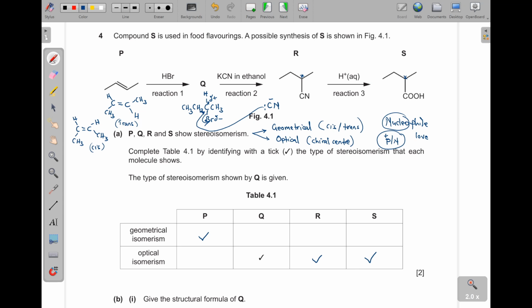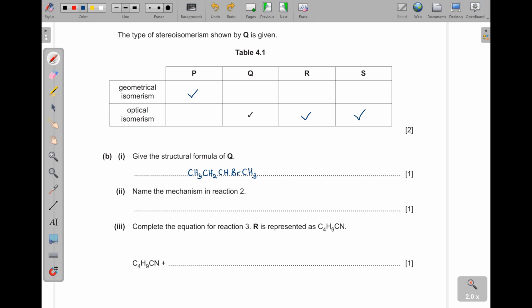That means whatever loves what is in the nucleus must either be rich in electrons, such that it shares with these protons that are positively charged, or it has to be negatively charged. You see that? So the mechanism here is going to be nucleophilic.